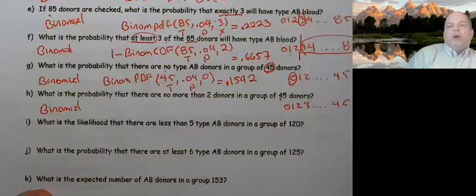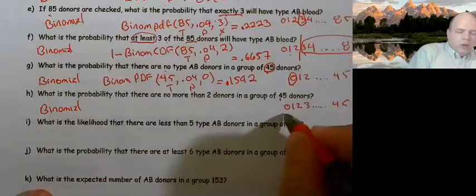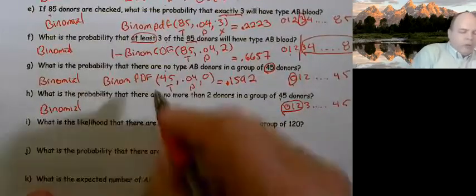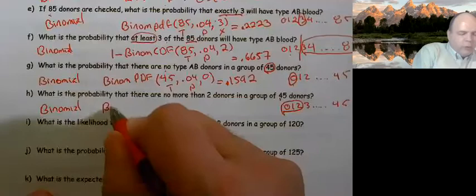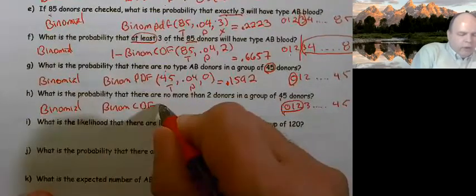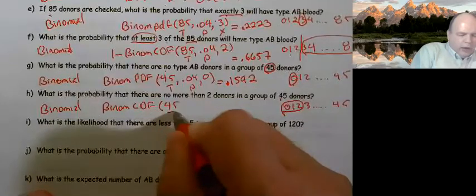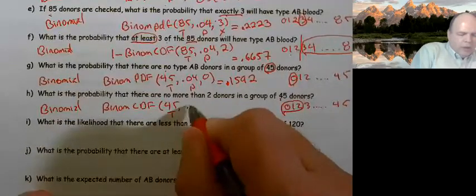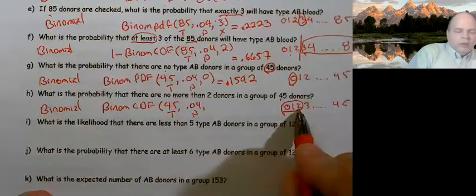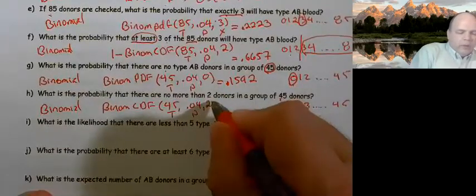We want no more than 2. So that means we want 0, 1, or 2. Well, notice I circled more than one value. And so since I circled more than one value, this makes this a binomial CDF. We have 45 trials. Our probability is 0.04. And our X value is a 2 because that's the highest value that we want.